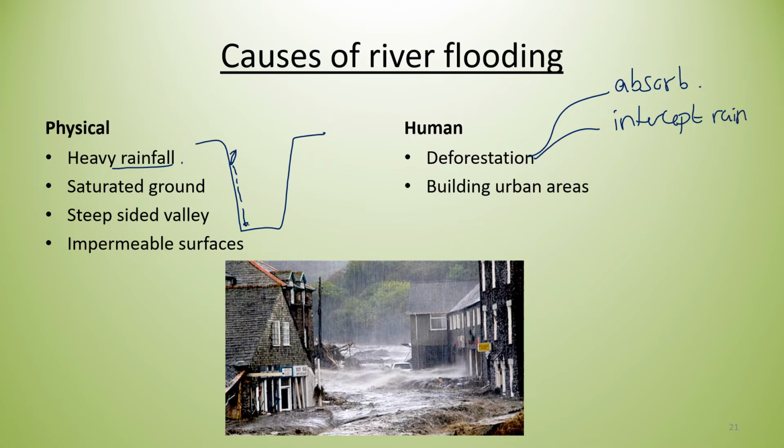Water sits on tree leaves, and if there are no trees, the water cannot sit on the leaves. For example, those trees there, the water will be sat on there. And if there's loads and loads of trees, they will hold quite a substantial amount of water. But without them, they won't be able to do so. And building urban areas, such as tarmacking, concreting, which will increase surface runoff as it can't be washed away.